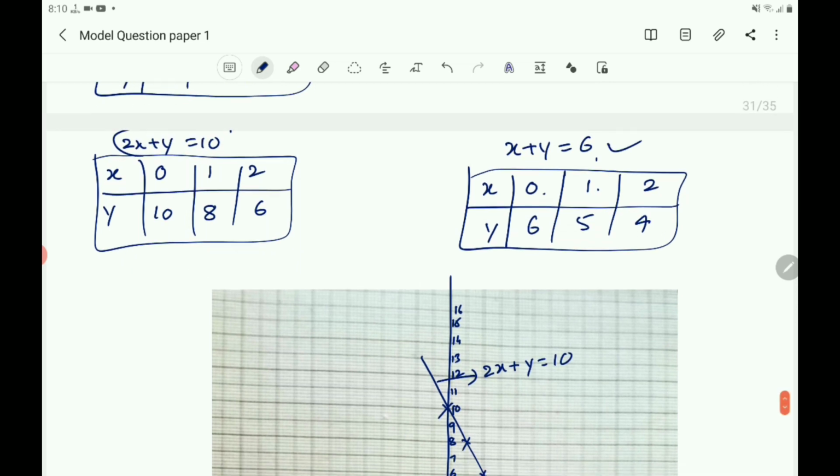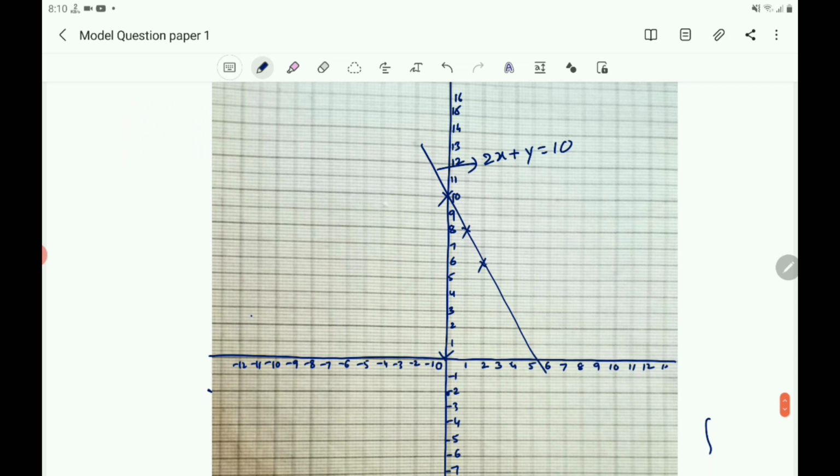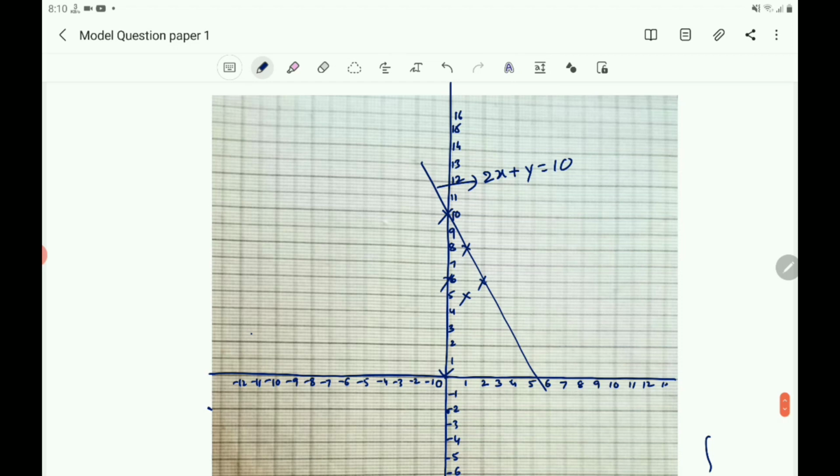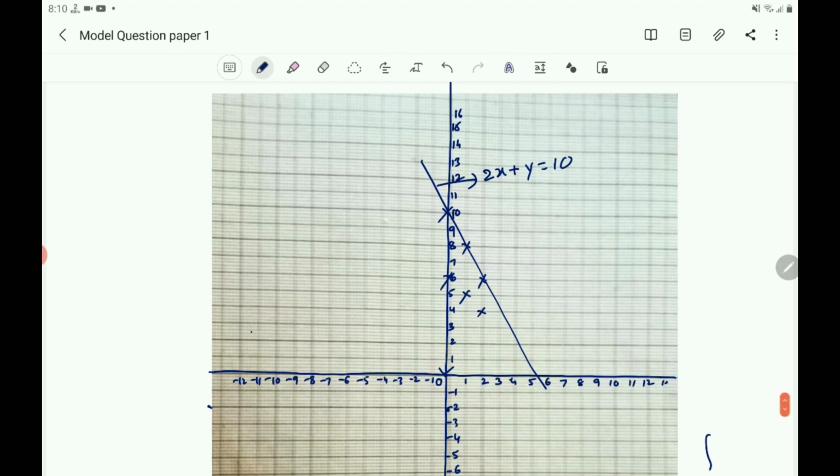Then you take this one: 0, 6, 1, 5. 0 comes here, 6; 1, 5 is here. And 2, 4 comes here. Now let us mark these 3 points.